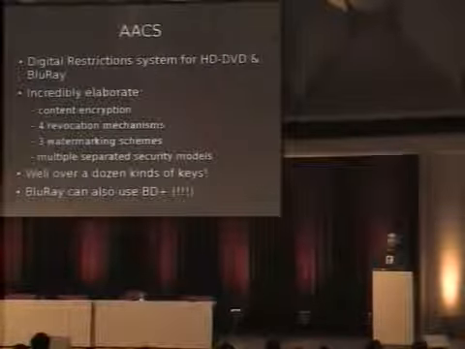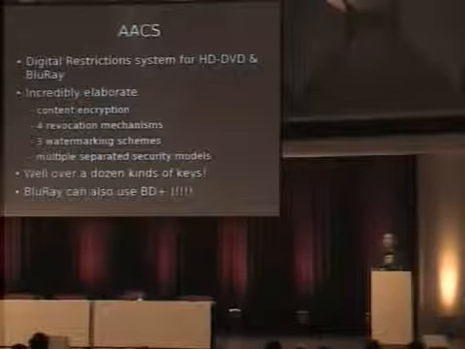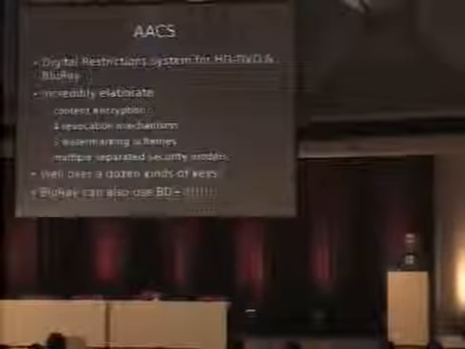How's that? Excellent. So as was just said, I'm going to be talking about AACS today. AACS, as you probably know, is the DRM system that's used for high-definition video discs. It's actually used for two different high-definition video disc formats.